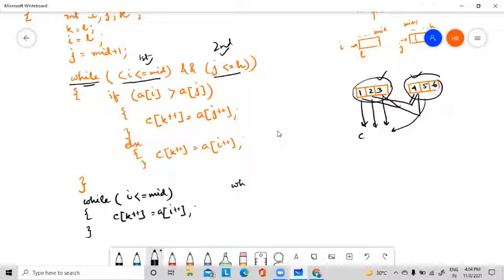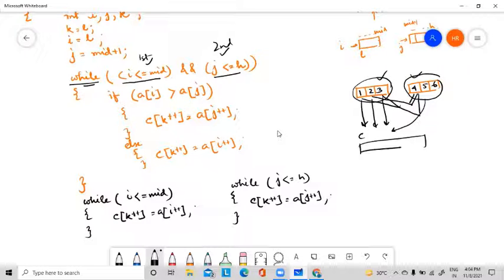So I will check while j less than equal to h, the rest of the things from the j subarray will be copied into C. Done. So now everything is stored in a third array, this auxiliary array C.